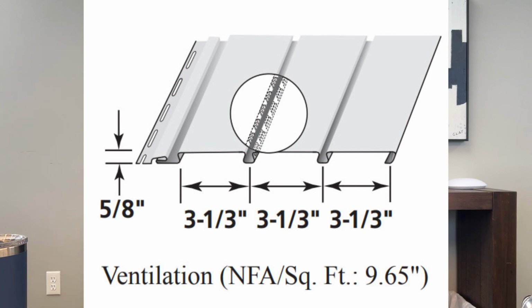You look at it from the ground, and it looks like this beautiful cedar plank installation, but in between each one of those is a vent. What we will typically do is cut a 1-inch incision in the soffit, the entire length of your soffit, and then put a screen over it so that critters and bugs can't get in there. And then we'll install that hidden vent soffit right over it.